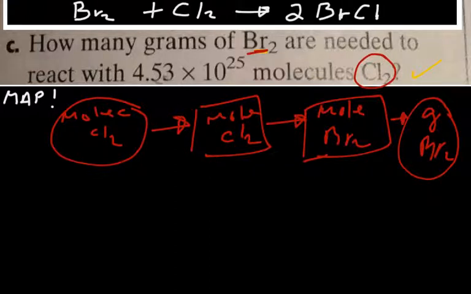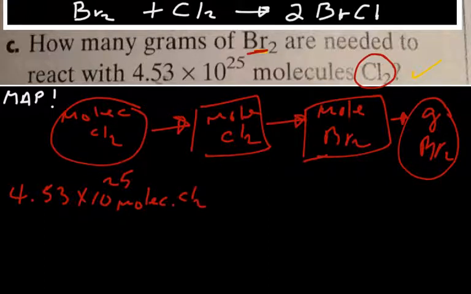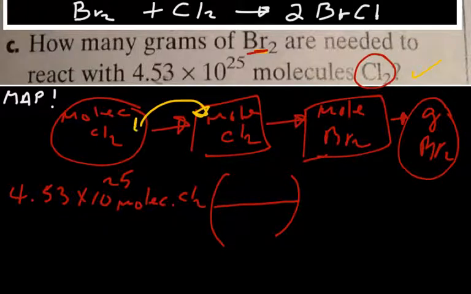We're going to put our 4.53 times 10 to the 25 molecules, MOLEC for short, of Cl2 on the outside, right? We'll set up a conversion factor right here. Now, we are trying to change molecules into moles. So molecules is a type of particle, right? So we need Avogadro's number.